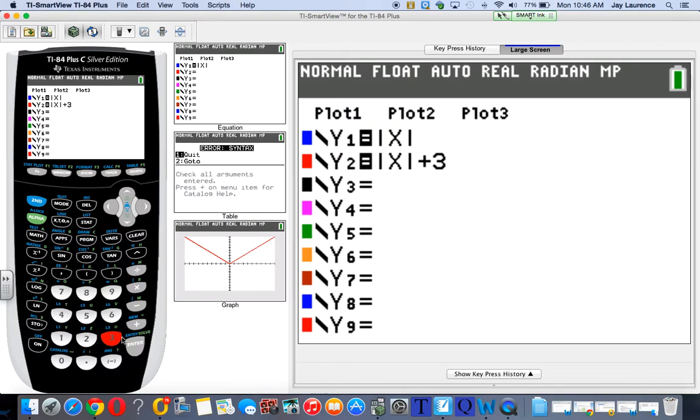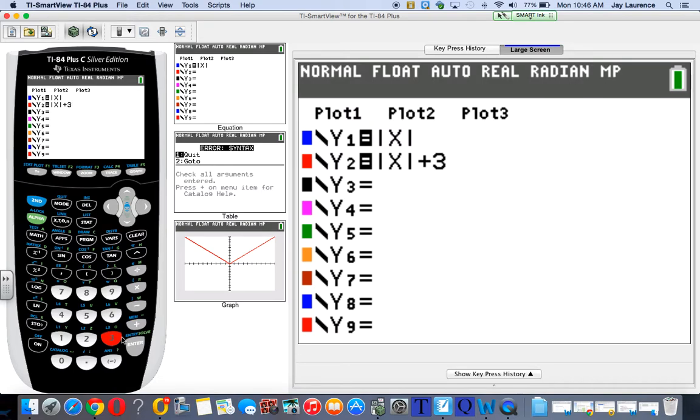What do you think will happen to my v? Go ahead and make a prediction. The v is going to be altered some way, right? Because it's not just the absolute value of x. I'm adding 3 to it every single time, whatever the absolute value of x is.